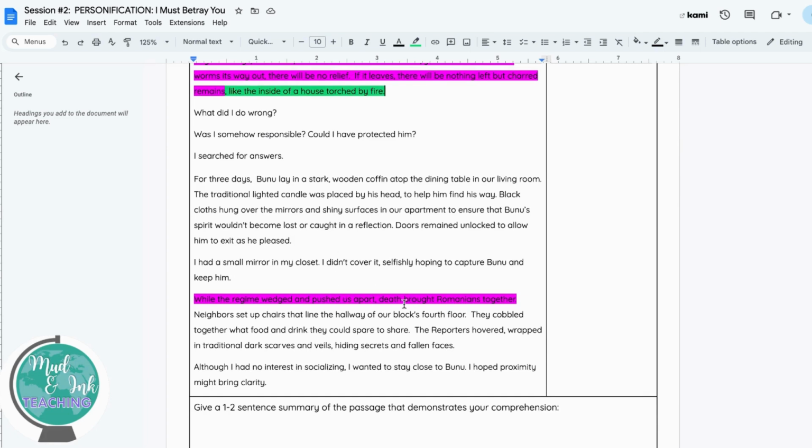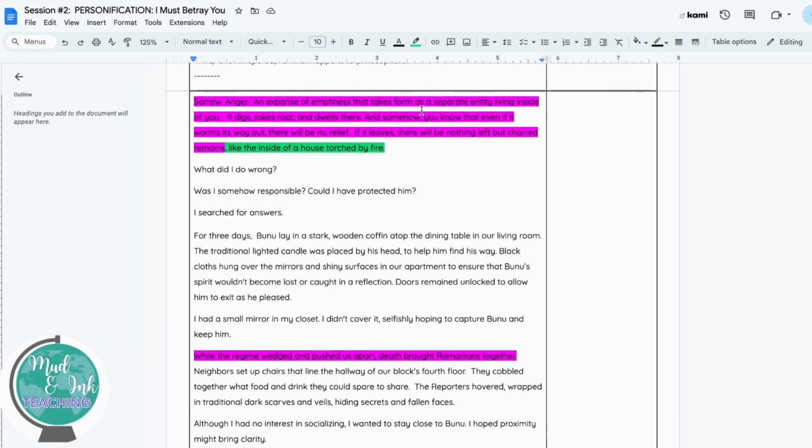And I think this is a really interesting way of personifying death too. Later, he goes on to say that while the regime wedged and pushed us apart, death brought Romanians together. So death in this scenario, there is a pain, an unbearable pain, but there's also a closeness, a really special closeness that not everyone feels when they lose a grandparent.